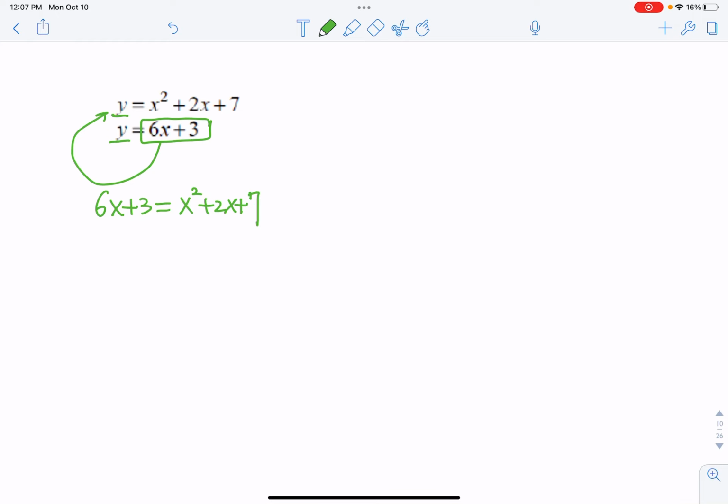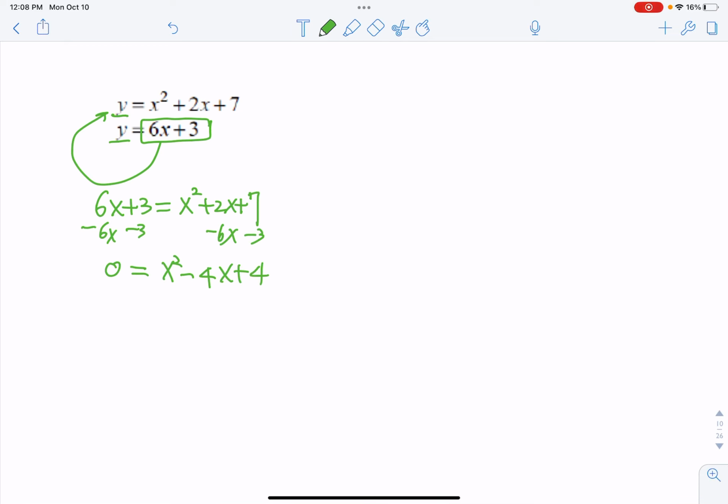For a quadratic equation, the method to solve it is to move everything to one side, and one side should be 0. So I will subtract 6x on both sides and subtract 3 on both sides. That becomes 0 on the left side. Combining like terms, we get x squared minus 4x plus 4.